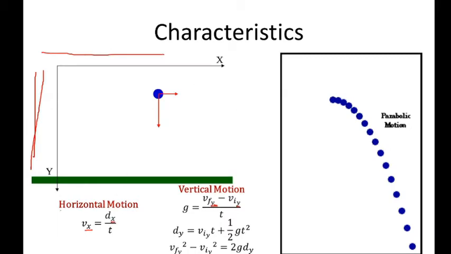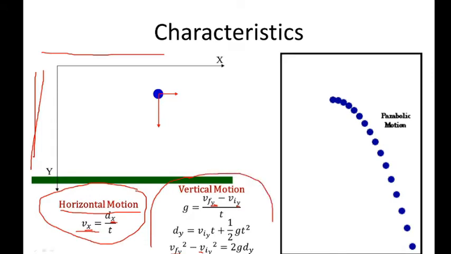So this horizontal motion only has dx, and you also have here the velocity in x. So there is a difference between vx here and vy. And vy also here is designated by an initial velocity in the y and final velocity in the y. Again, this motion here is independent from this right here.